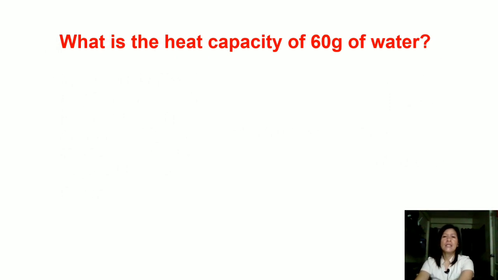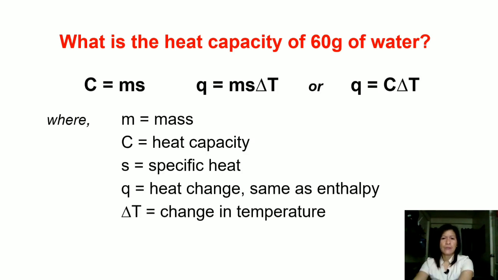What is the heat capacity of 60 grams of water? So you are given here 60 grams of water. The question is, what amount of heat is required to raise the temperature of 60 grams of water by 1 degree Celsius? So earlier, we were given the following equations for heat capacity and heat change by a system.